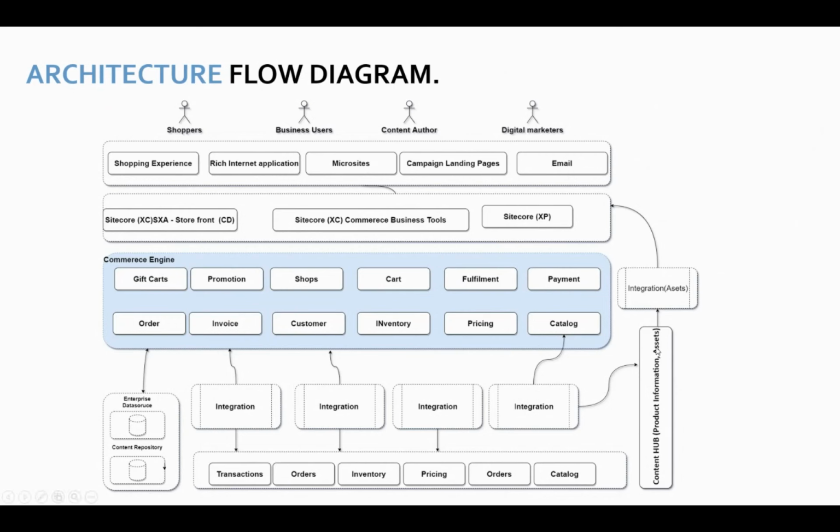With Sitecore 9.3 and Sitecore XP 10.0, there is a provision where we can manage the product information and the assets in the DAM system, and from the DAM there is a plugin available where we can pull the data from the DAM into the XC system. So that's the high level view.